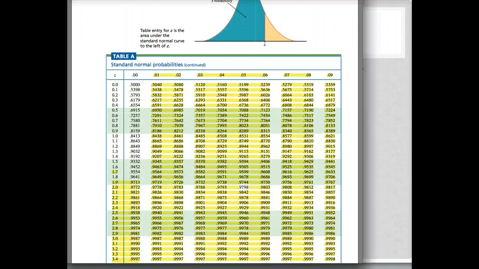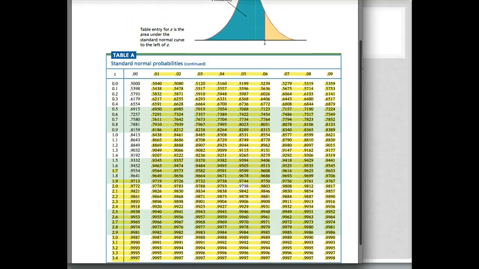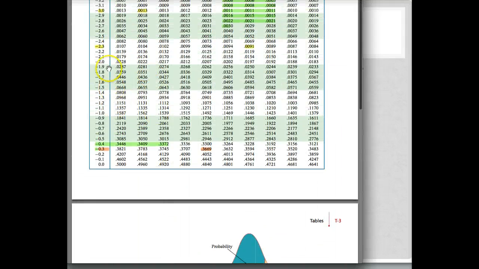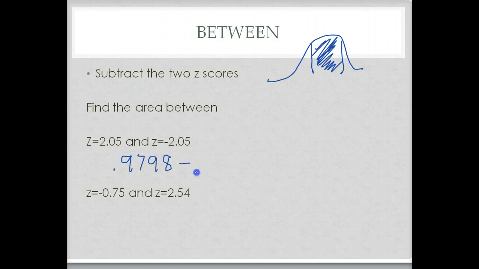Negative 2.05 will go up in the negative values. That looks to be 0.0202. And we can subtract those to find our area. Now just remember biggest minus smallest, and you'll be fine.